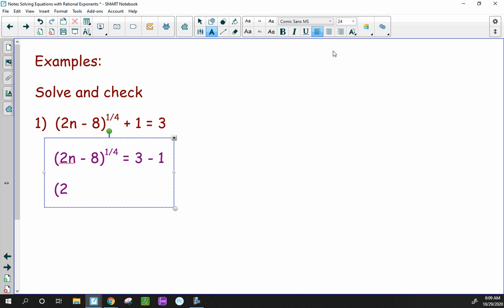When you do that, you're going to be left with (2n minus 8) raised to the 1/4 power is equal to 2.